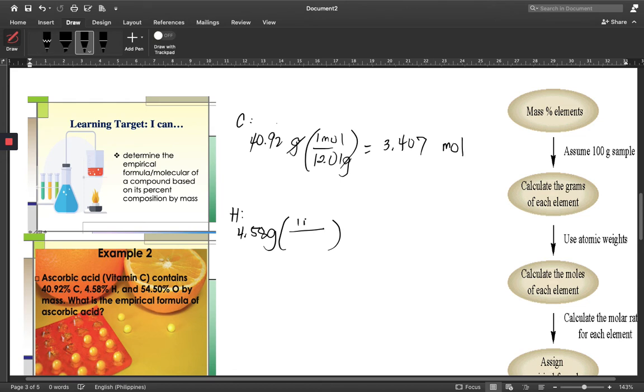So 1 mole of hydrogen is 1.01 grams of hydrogen. Now we get to cancel grams, so we end up with 4.54 moles of hydrogen.